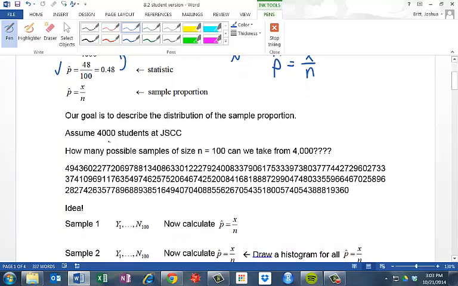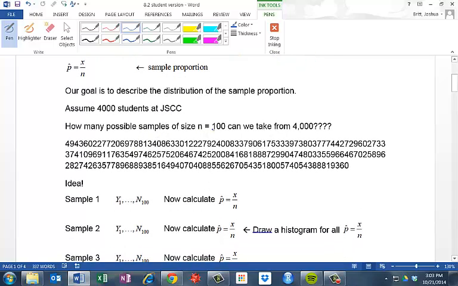Now, I want to pose a question. Let's assume 4,000 students are at Jackson State. How many possible samples of size n equals 100 can we take from 4,000 students? So we take the first sample consisting of 100 students. For example, the first student might say, yes, I do own a smartphone.